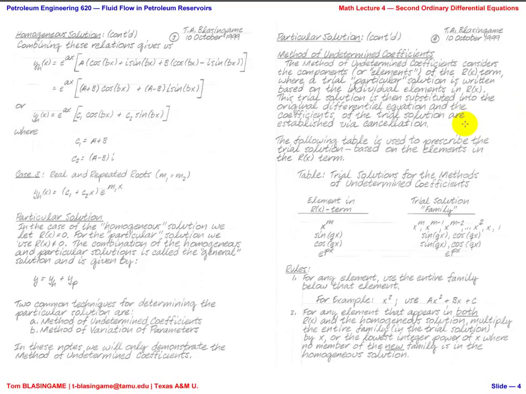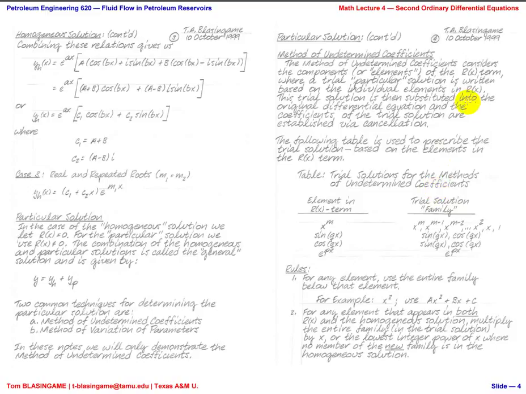So we have talked about the cases when the differential equation is homogeneous, but what happens when we have a non-homogeneous differential equation? In such a case, the general solution is going to be split in two parts.